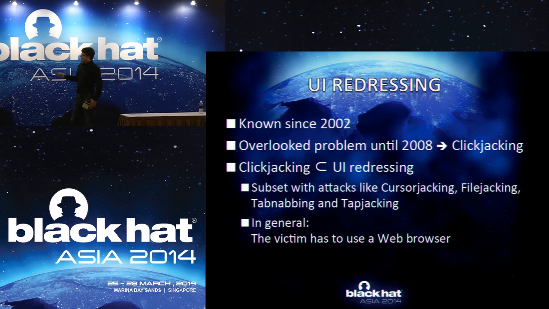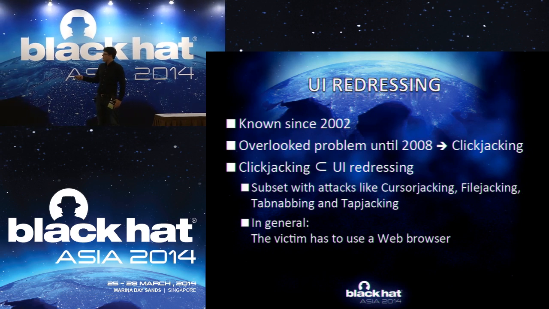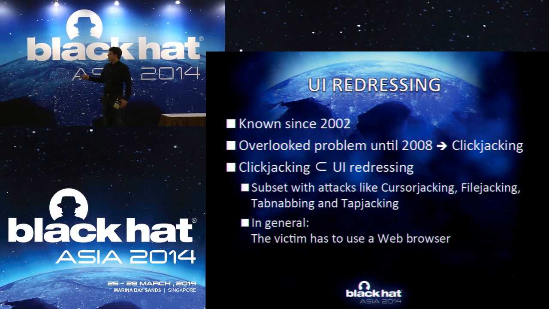And this security problem from 2002 appeared again in 2008, and this problem was called clickjacking. Clickjacking consists of two words. The first word is click, and the second is hijacking. So we hijack clicks with clickjacking.